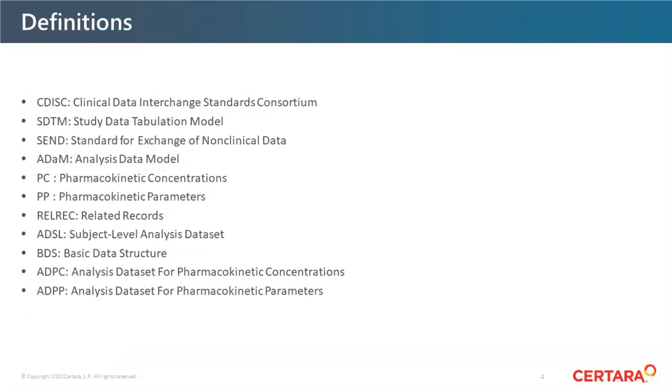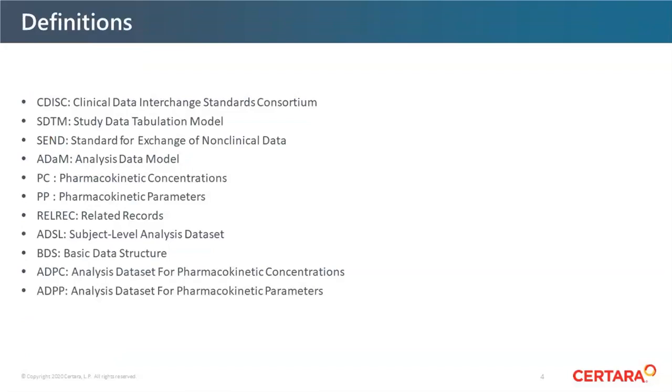CDISC stands for Clinical Data Interchange Standards Consortium. SDTM, Study Data Tabulation Model. SEND, Standard for Exchange of Nonclinical Data. ADaM for Analysis Data Model. PC for Pharmacokinetic Concentrations. PP for Pharmacokinetic Parameters.